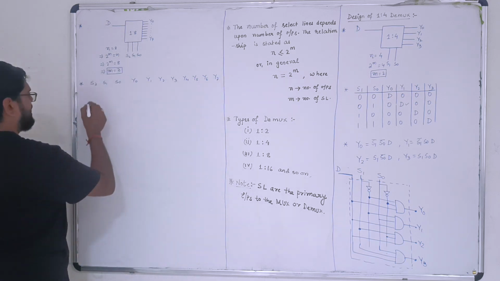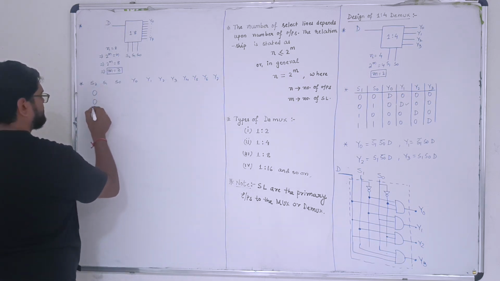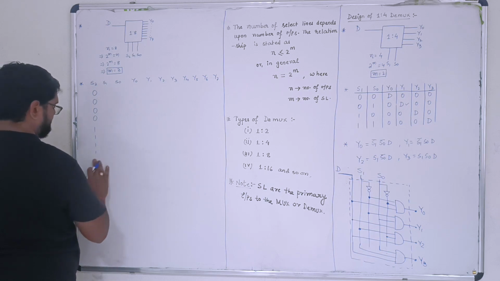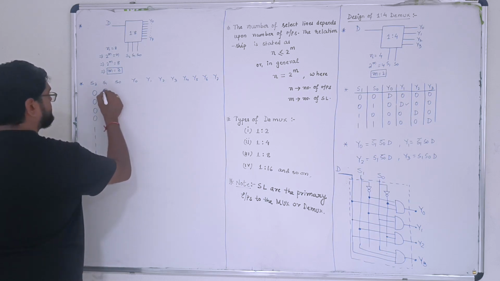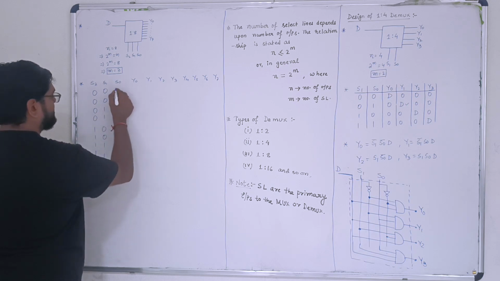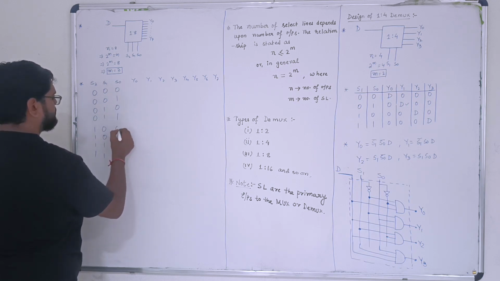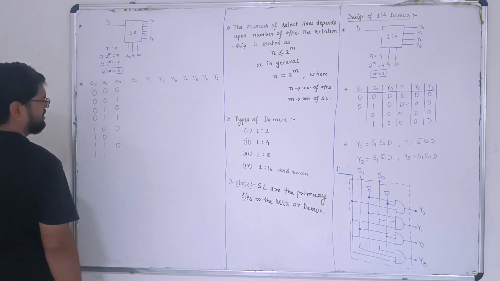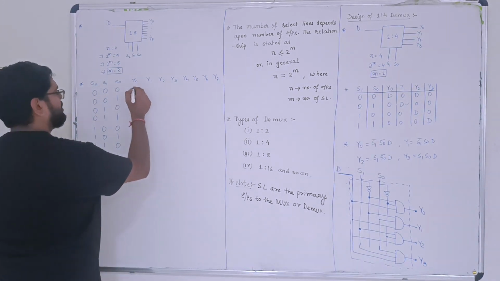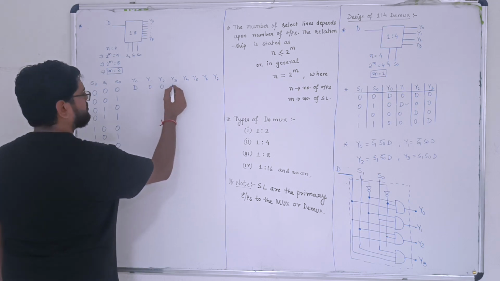We'll have 8 combinations: 4 zeros, 4 ones, then 00, 11, 00, 11, and then 01, 01, 01, 01. Now if all the 3 select lines are equal to 0, then the Y0 value will be equal to D, and the other values are equal to 0.